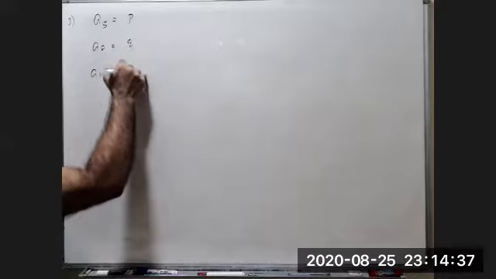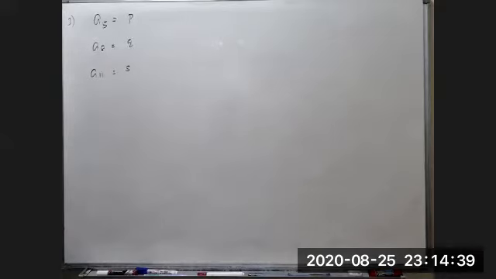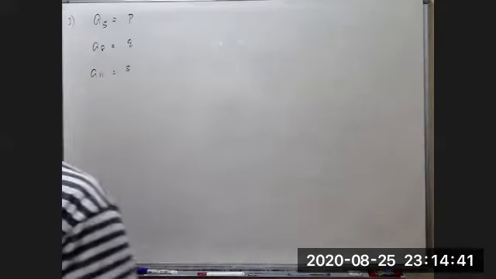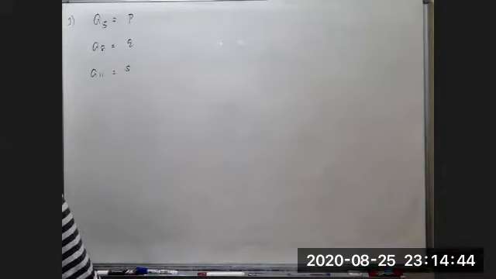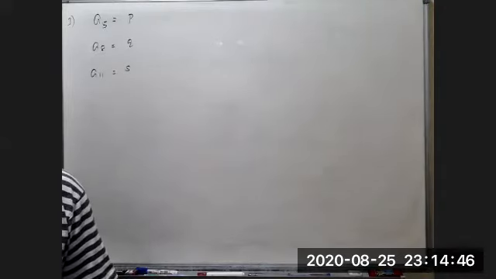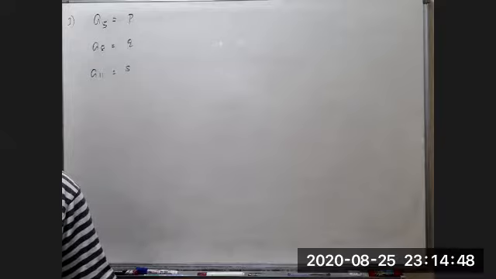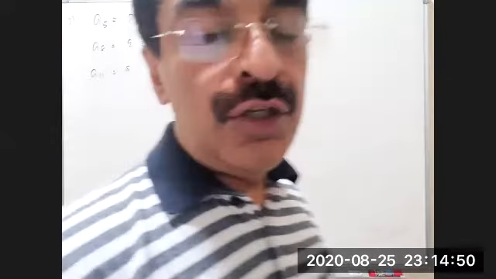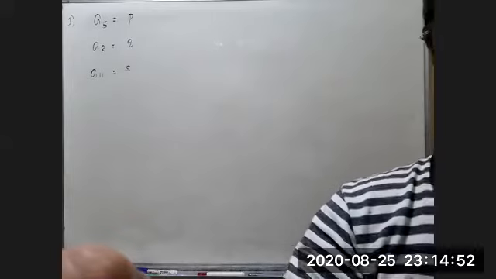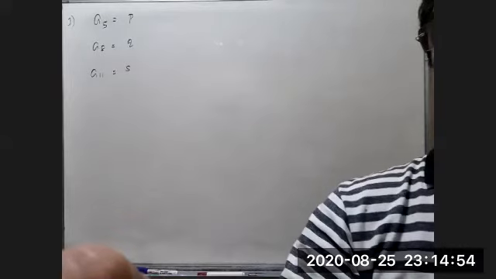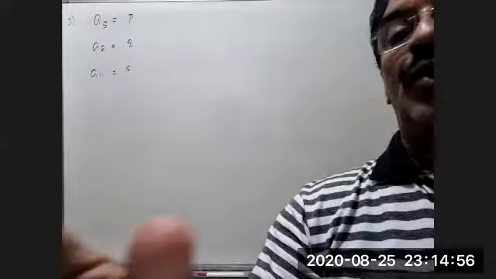The 5th, 8th, and 11th terms of a GP are P, Q, S. We need to prove that Q square is PS.